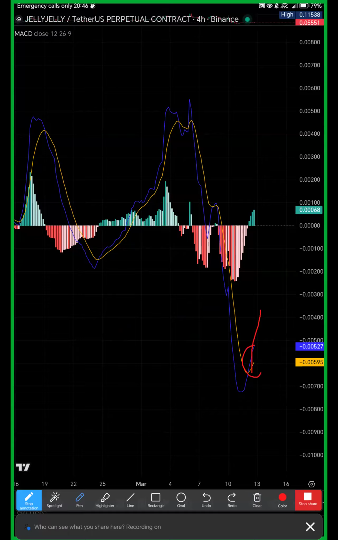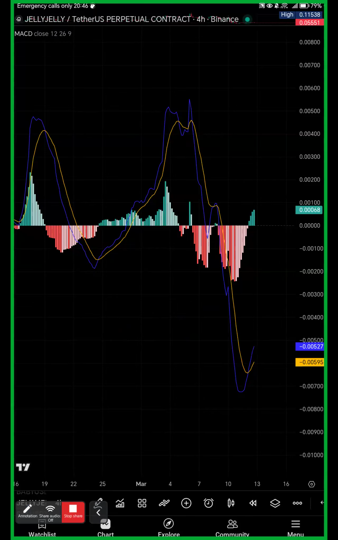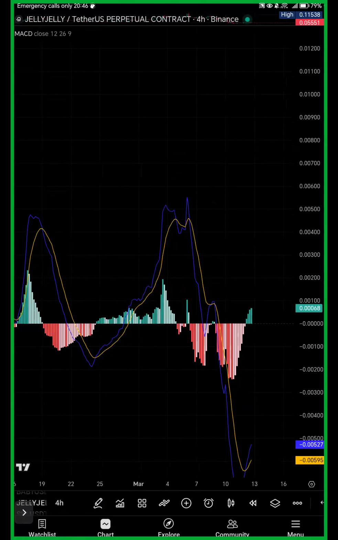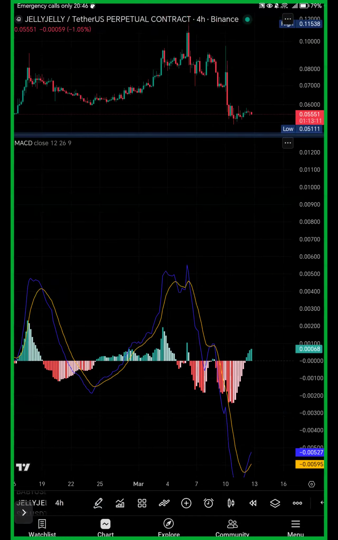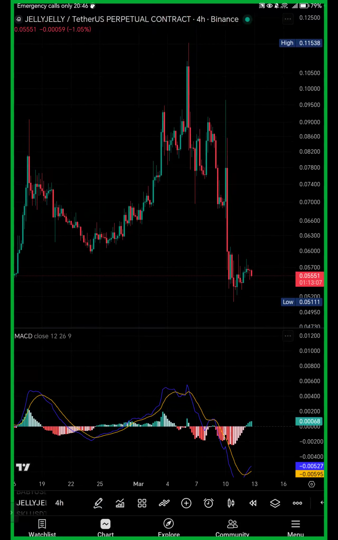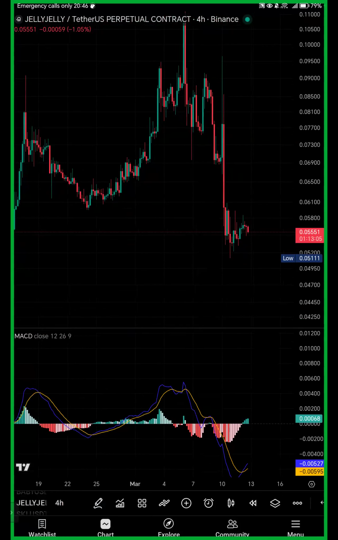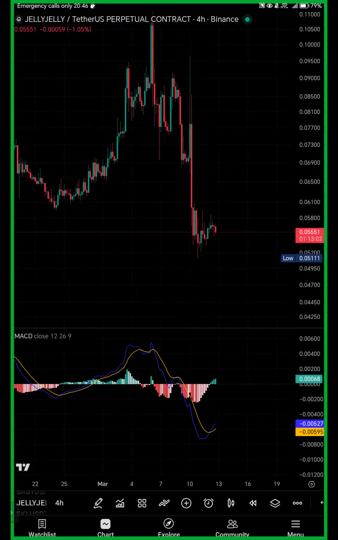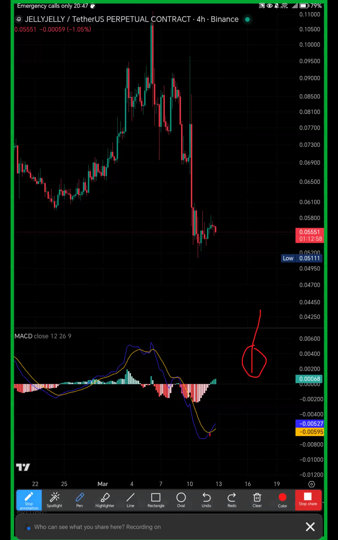When a crossover like this has happened, if I can bring the chart here on top, I'm talking of candles here. If I bring candles here, and then I bring the MACD over here, and then I draw a line where this crossover happened, and go up here, you will see that there is some sort of change in terms of price.